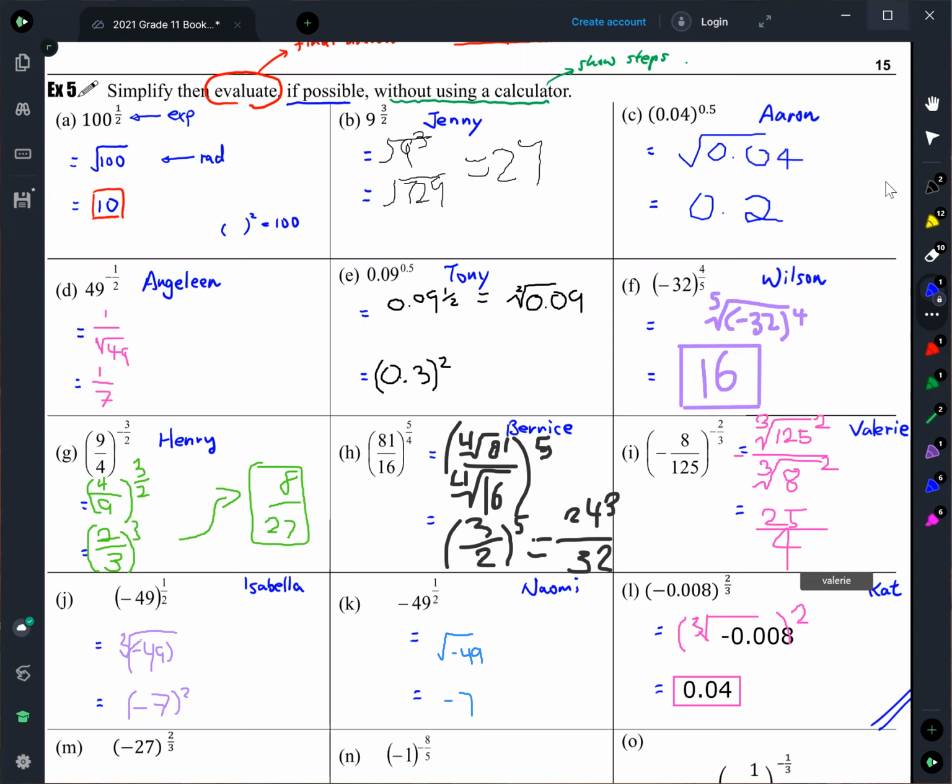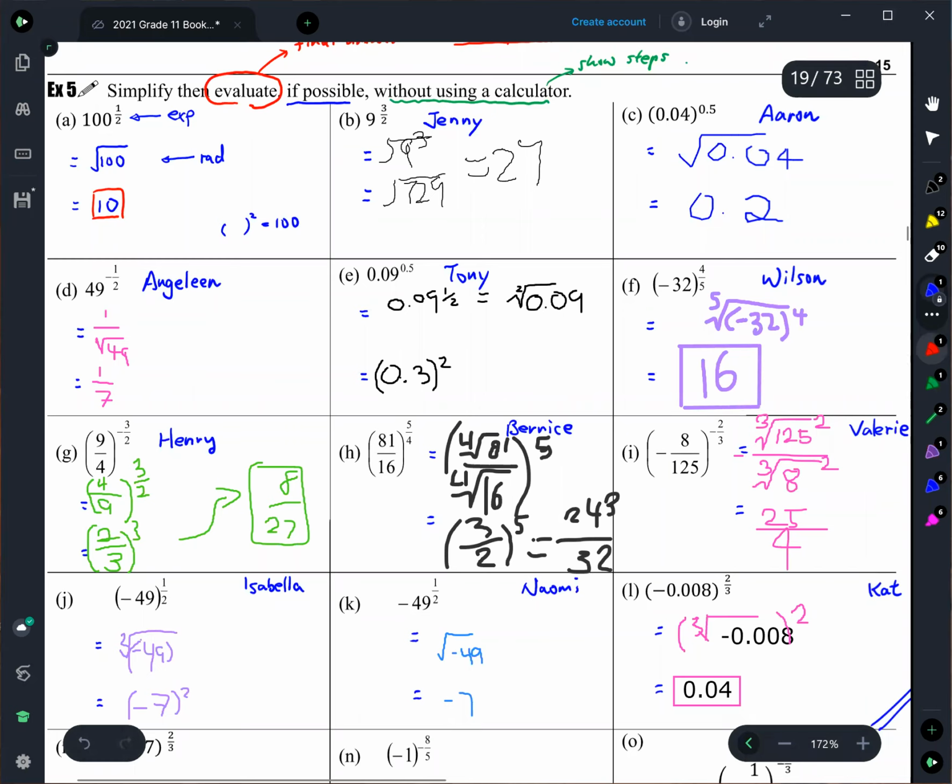Oh, very colorful, huh? So what color should I pick to mark it? I'll be using red. Is everyone done? Looks like everyone's done, right?